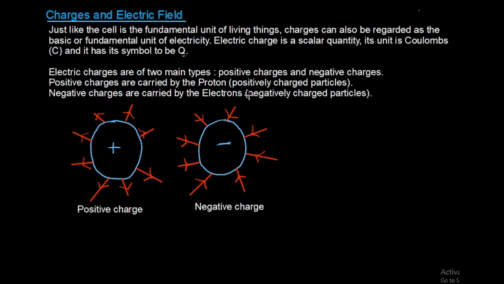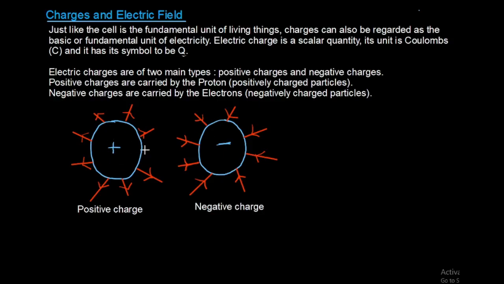Matter consists of the subatomic particles: protons, neutrons, and electrons. Protons carry positive charges, electrons carry negative charges. We also have the neutron. The neutrons are the neutrally charged particles. They are neither positive nor negative.